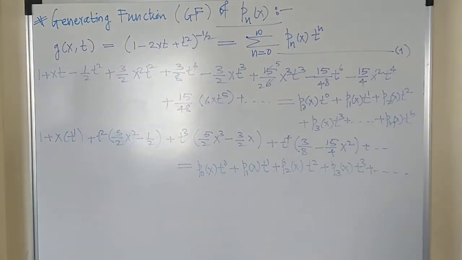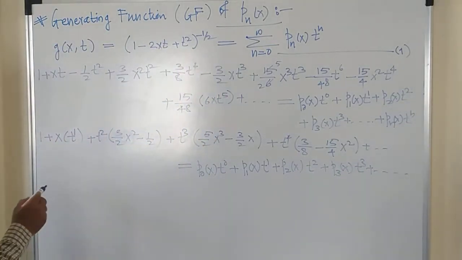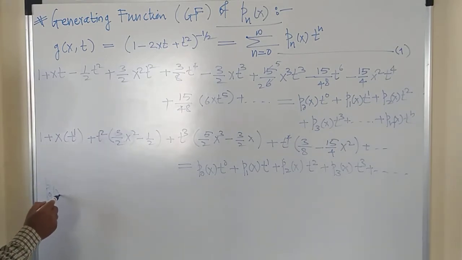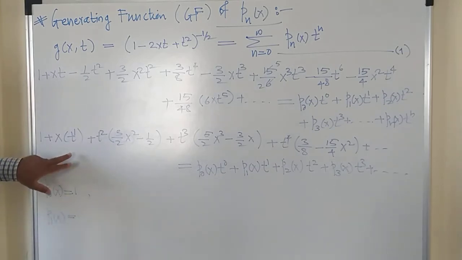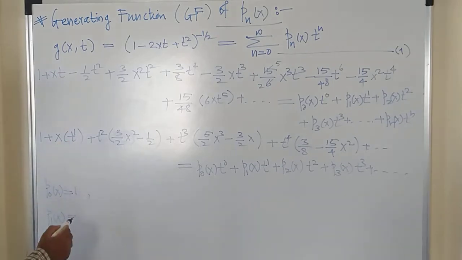Now equate t raised to powers, and if you equate them, you will get p naught of x is equal to 1. First polynomial you got here. And p1 of x is the coefficient of t raised to power 1, and its coefficient is x only.